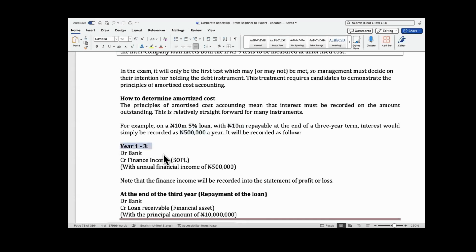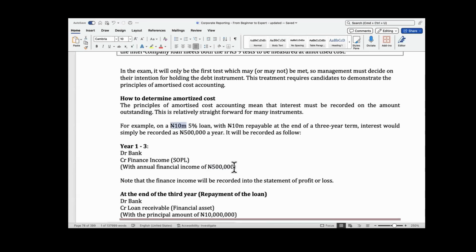So I simply debit bank and I credit interest, which I call finance income here, to P&L with the annual finance income of 500,000. So you will see that my investment in debt is profitable, because over the 3 years I will have made 1.5 million.